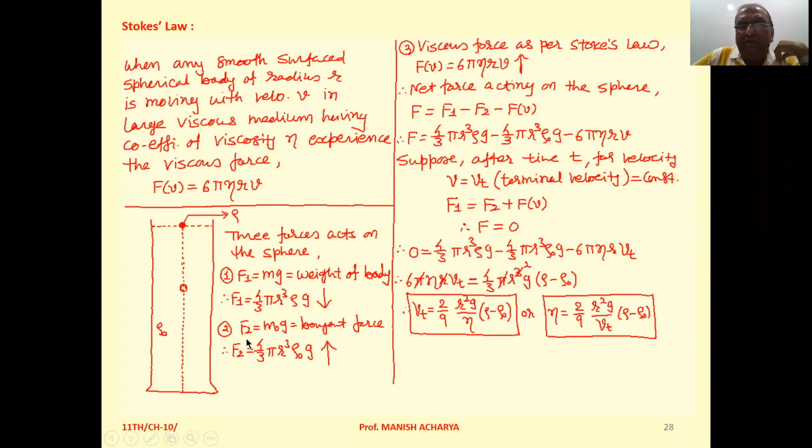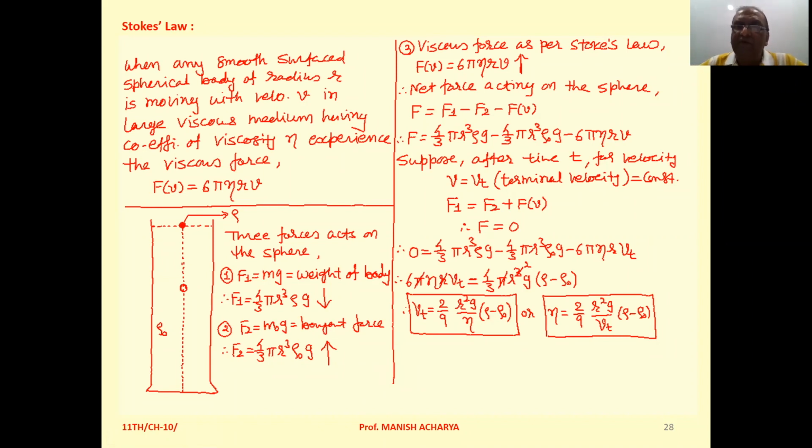So buoyant force F2 is m0 g, where m0 is the mass of the displaced liquid, which is the volume of the displaced liquid, exactly equal to the volume of the body, into density of the liquid rho 0, into g. The buoyant force is in the upward direction. Then the third force that acts on the body is the viscous force as per Stokes law.